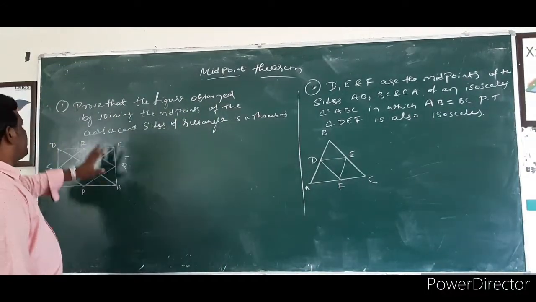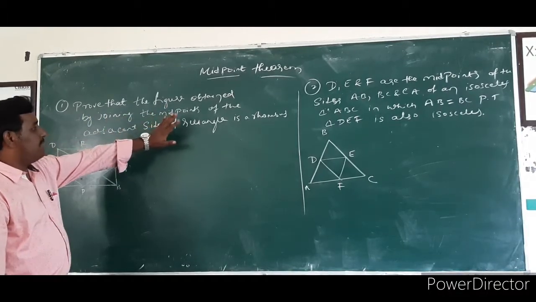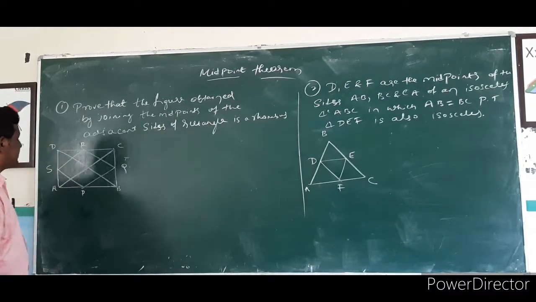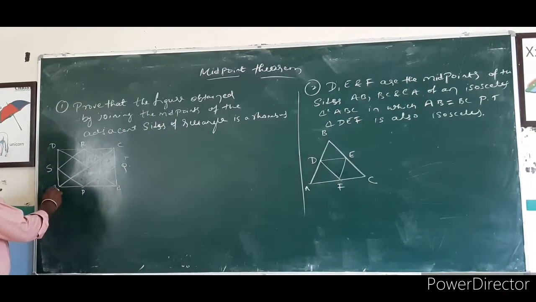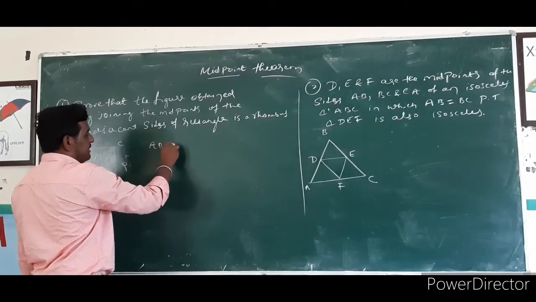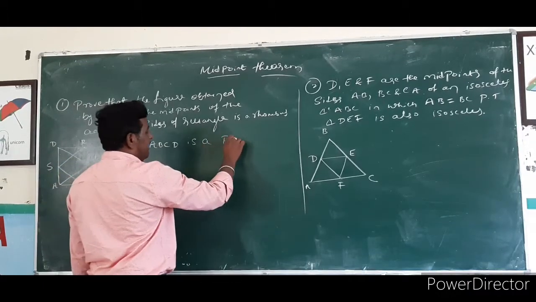First I am considering the problem: prove that the figure obtained by joining the midpoints of the adjacent sides of a rectangle is a rhombus. So I am considering ABCD is a rectangle.